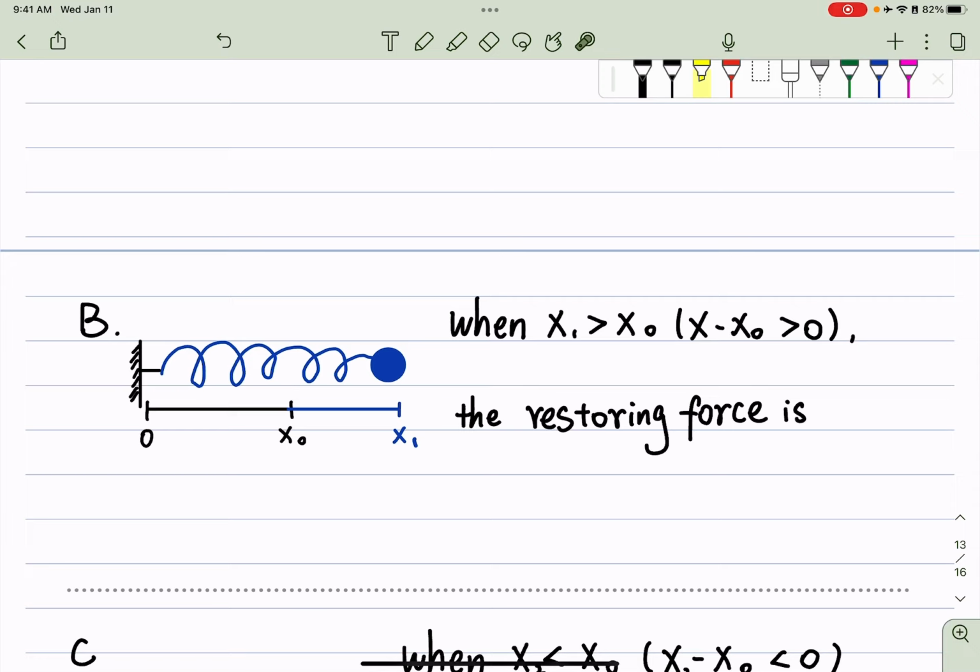That's going to be going back, leaning towards the reference point. Due to Hooke's law, we can write down an expression of F equals negative K times (x minus x0), and this is a negative number.